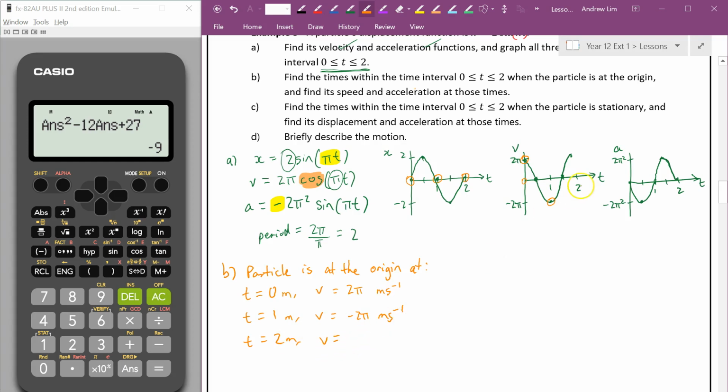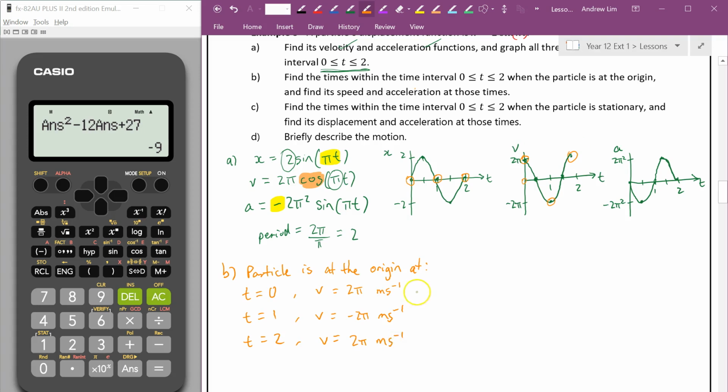And at t is equal to 2, velocity is 2 pi meters per second.